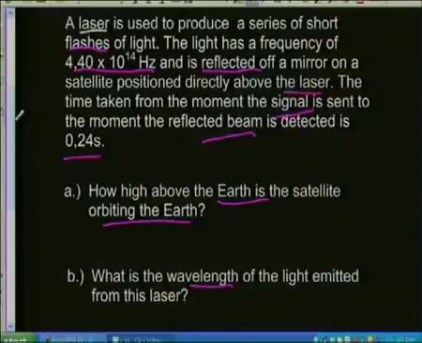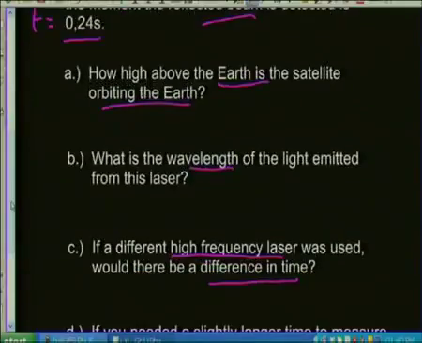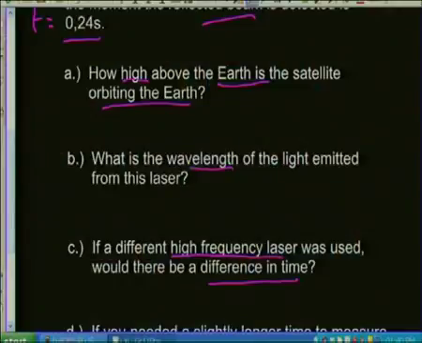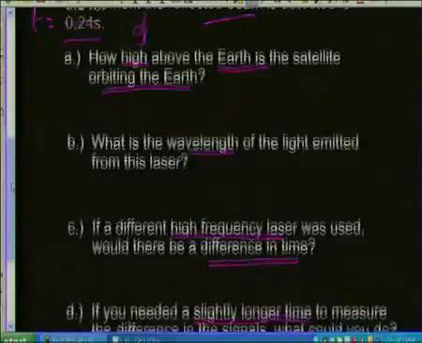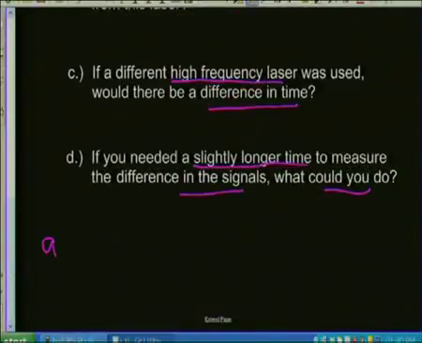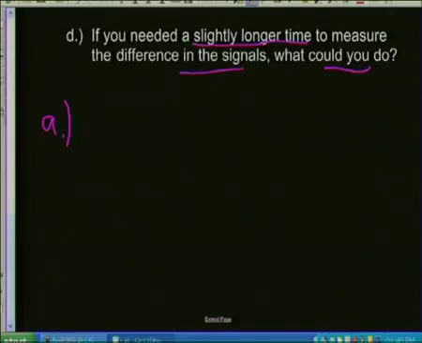So what we know so far is that we've got frequency over there, that's the frequency, and we've got a time, the time equal to 0,24 seconds. So first question is how high? We're asked to find the distance. We recognize that for part A, I like to draw a little sketch.